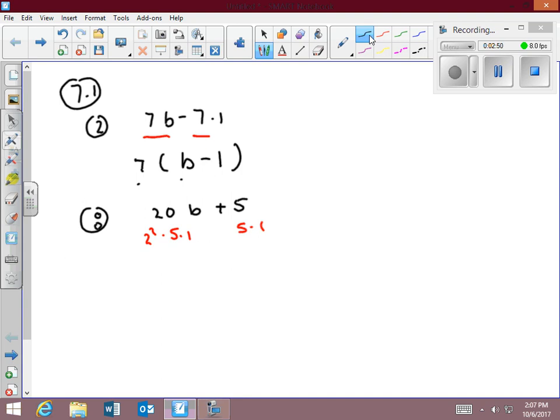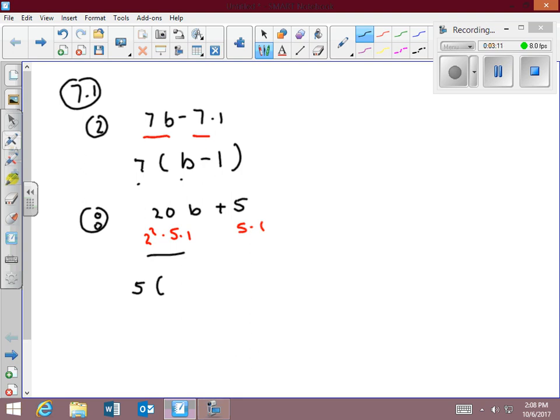This is one term, this whole thing. 20b is one term, and then 5 is the other. So what's common? 5 in the numerical coefficient is common, and that's all there is. So now what's left?